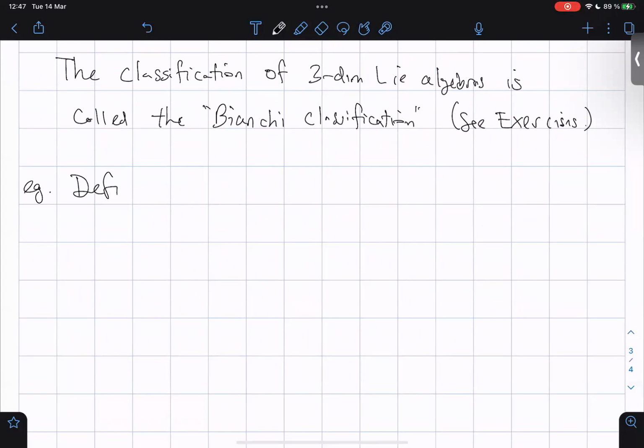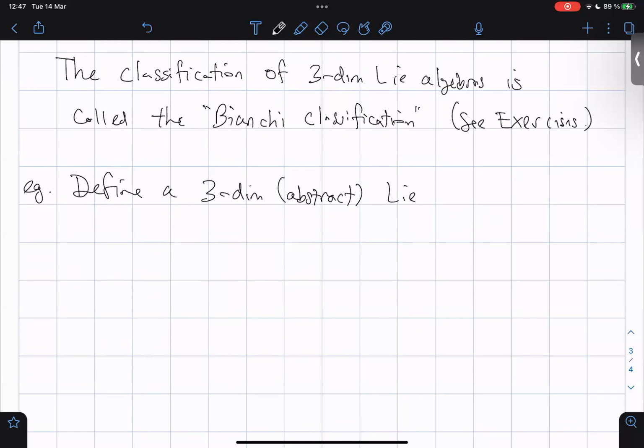Again, I'll define it abstractly first. When I say abstract, it just means it's not presented as a bunch of matrices. It's presented, as we were doing initially with that two-dimensional example, as a vector space, maybe with a chosen basis and bracket relations amongst elements of that basis.